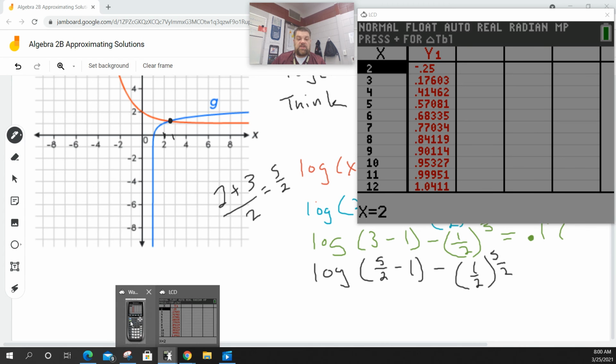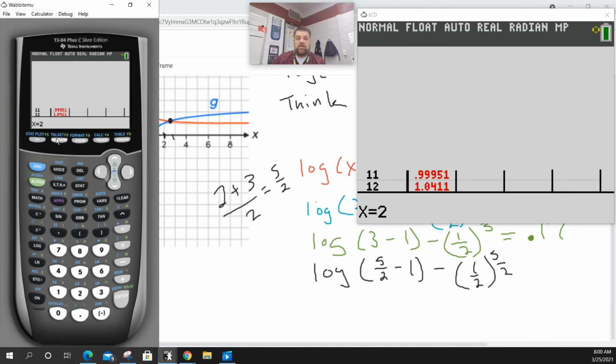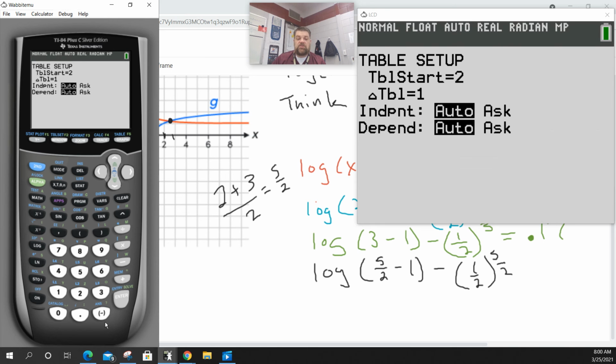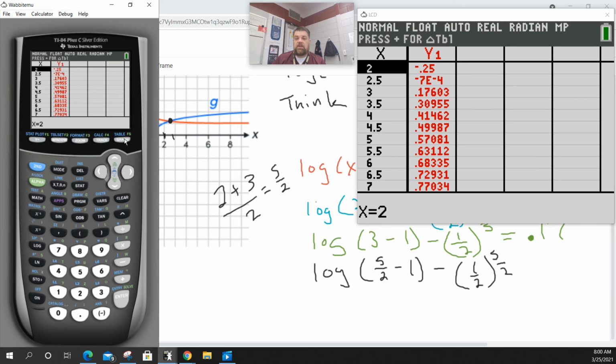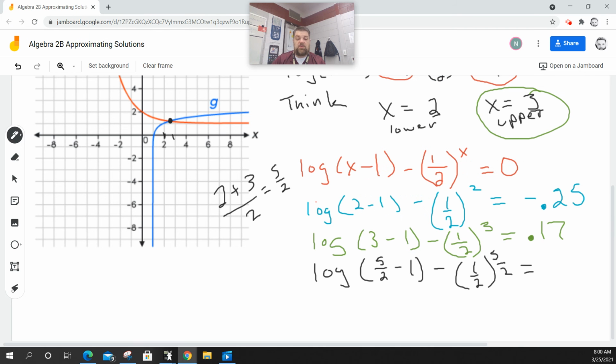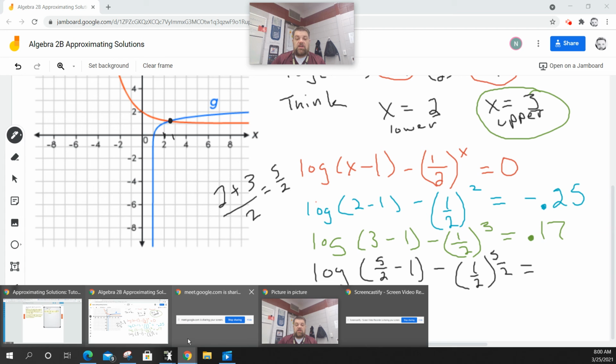I need to change my increment. I'm going to start at 2 and change this to 0.5. Now I'll look and see what the values are. At 2.5, it's a negative value. So it's pretty darn close to 0, and our answer is going to be pretty close to 5/2.